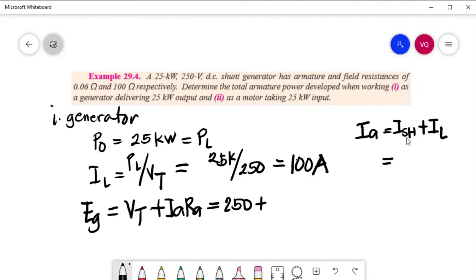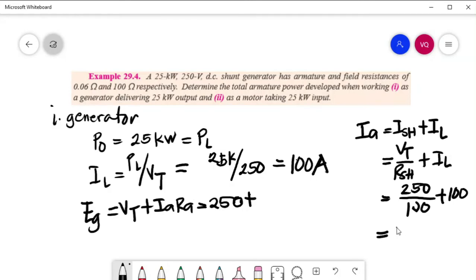The shunt current is equal to the terminal voltage divided by RSH, so 250 divided by 100, plus IL, which is 100.